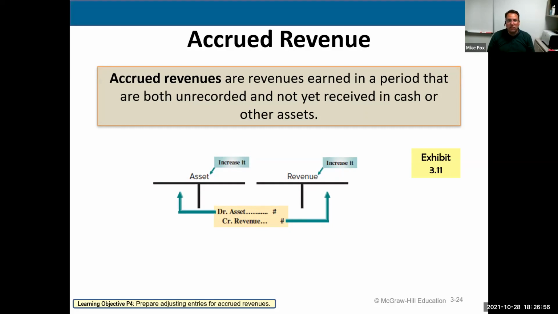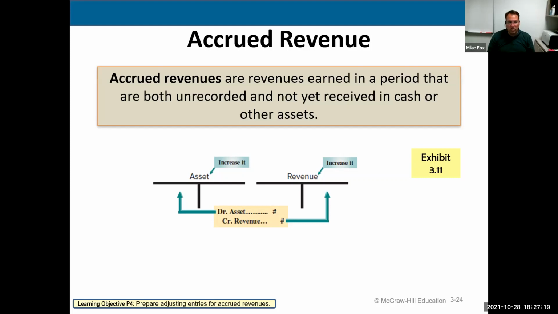But we're probably not going to receive this revenue until the next period, the next month. So at the end of the month, we do this adjusting entry where we debit the asset, and the asset will usually be called accounts receivable, and we credit the revenue, the money we've earned but have not yet received.